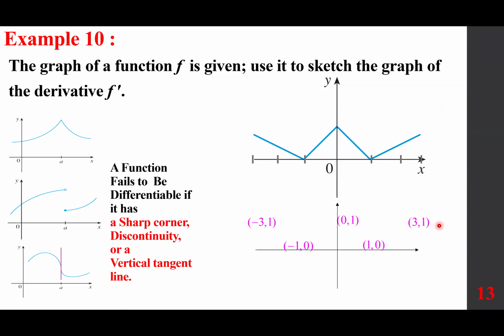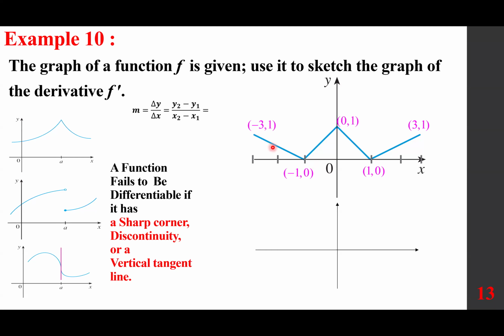Let's throw in some numbers and use those numbers to calculate the slope, rise over run, delta y over delta x. So for example, for this line segment, 0 minus 1 over minus 1 minus minus 3 gives us m equals negative 1/2. We have to do the same thing for all of them, which means this one has the same slope but positive.